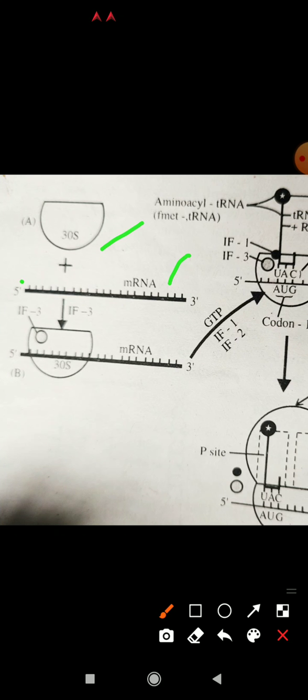The 5' end of the mRNA attaches to the smaller subunit of the ribosome. So here, smaller subunit and mRNA. Then in the presence of GTP and initiation factors 1 and 2, which are required for this attachment, a complex is formed.